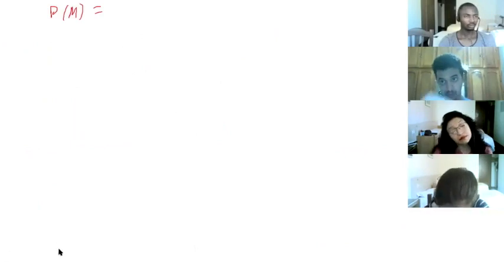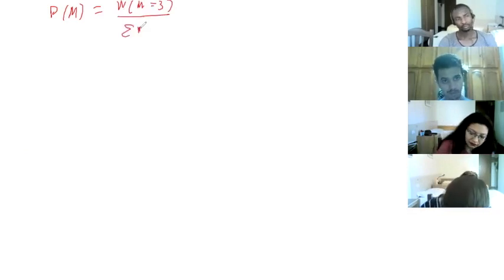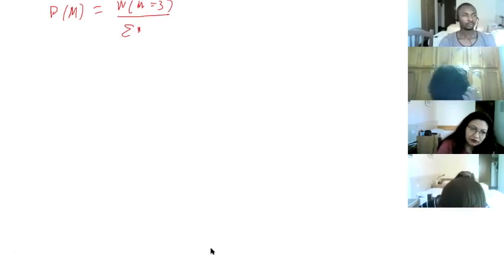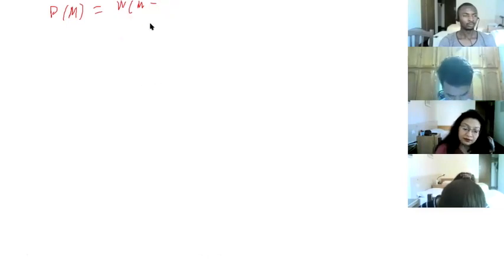All right, so the probability of the macrostate M equals 3 is the number of its microstates divided by the total number of microstates, okay? So we had 2 divided by 15, so 2/15.